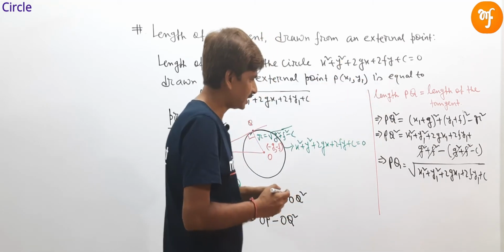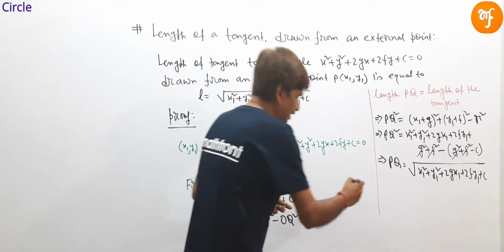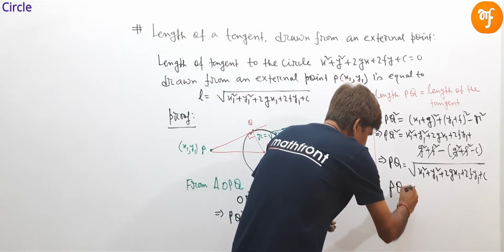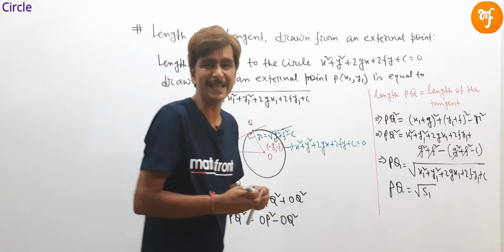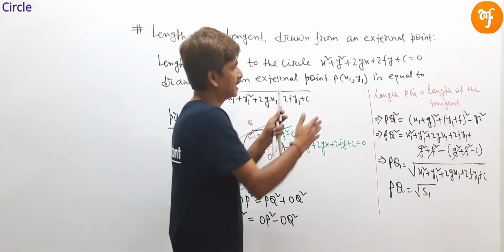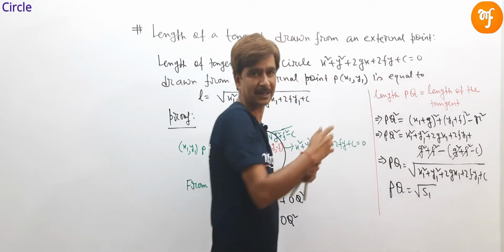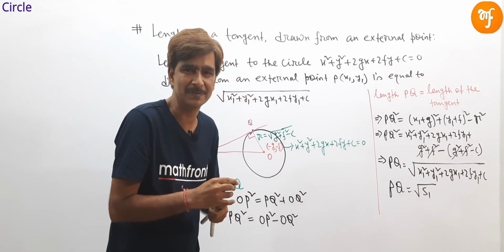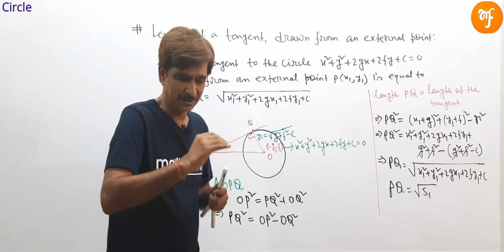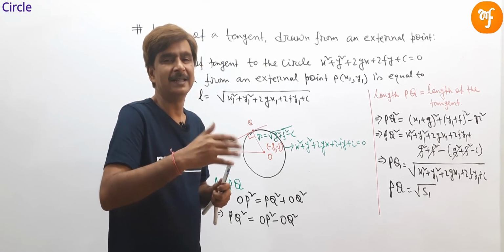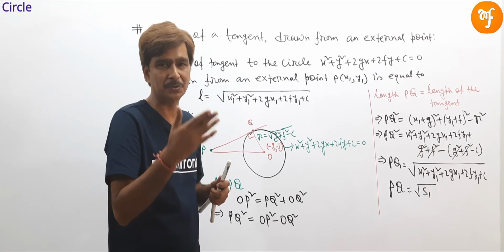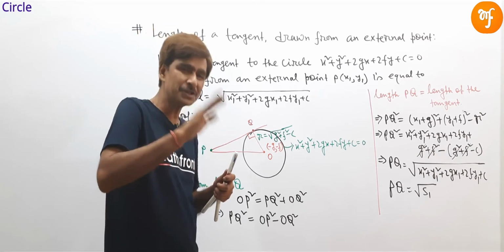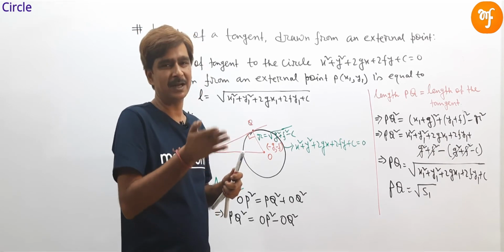Sometimes this can also be written as PQ is equal to square root of S1. What is S? S is just the left hand expression of the equation of the circle, that is x square plus y square plus 2gx plus 2fy plus c. So S1 means in the expression of S, you just substitute x by x1 and y by y1.